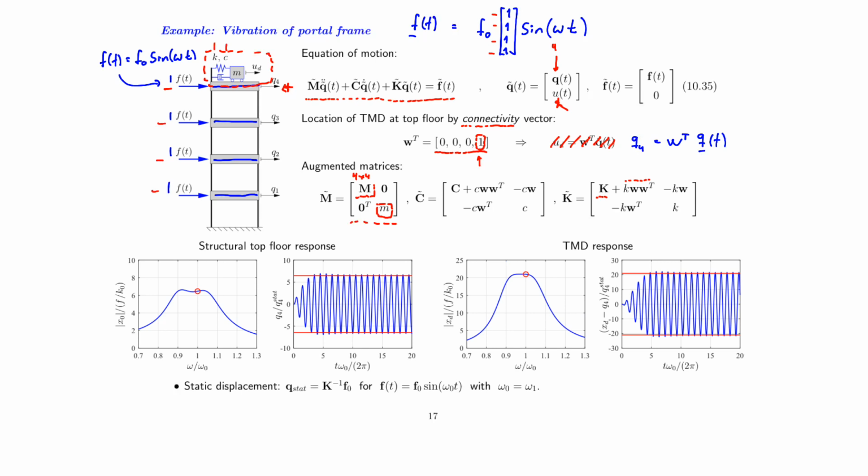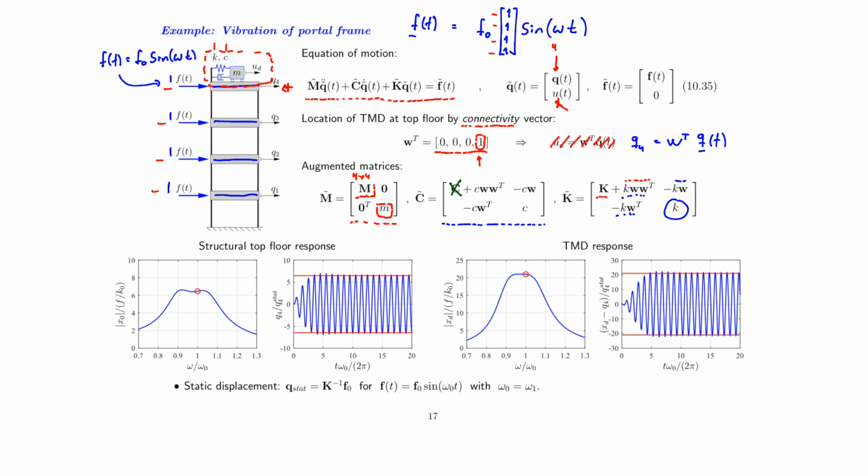So we add the TMD stiffness to the structural stiffness matrix in the upper left part. Then we also have coupling with the TMD, and the TMD itself will get the stiffness k. The damping matrix is constructed in just the same way, where we, as in the calibration, will neglect any structural damping in this case.